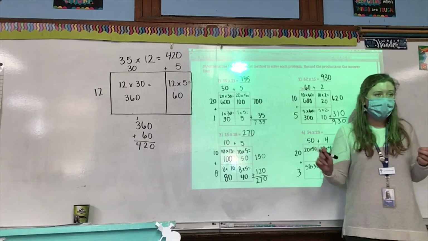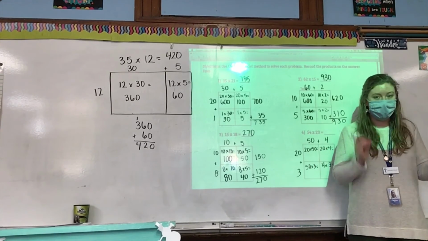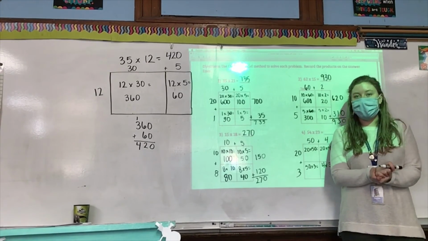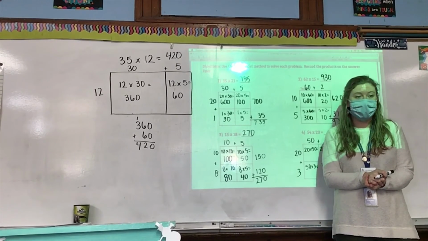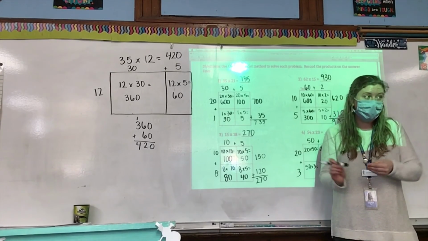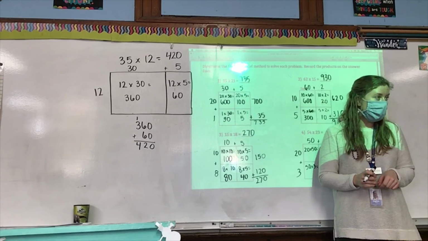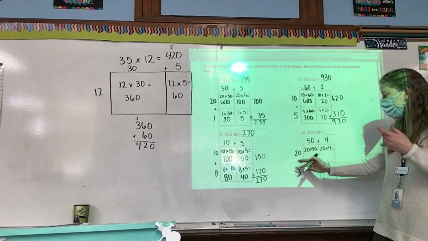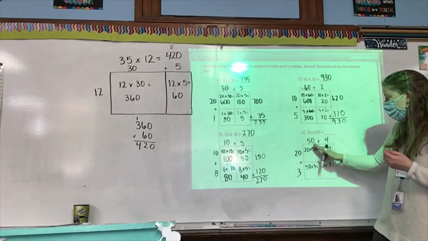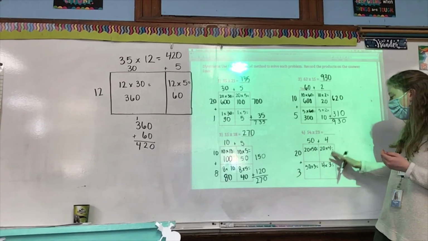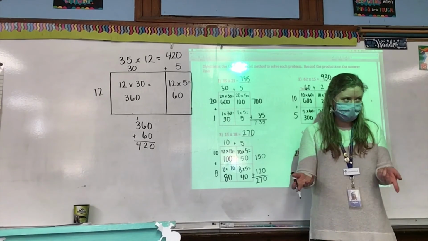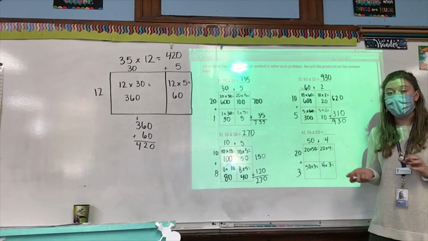Remember, the commutative property says it doesn't matter what order the factors are in. But the reason I'm having you put them in the same order every time is so that you can see the pattern when you go back. Because I want you to see, oh, I just take my side number and multiply it by my top number, and so on. So now, Carla, let's solve.